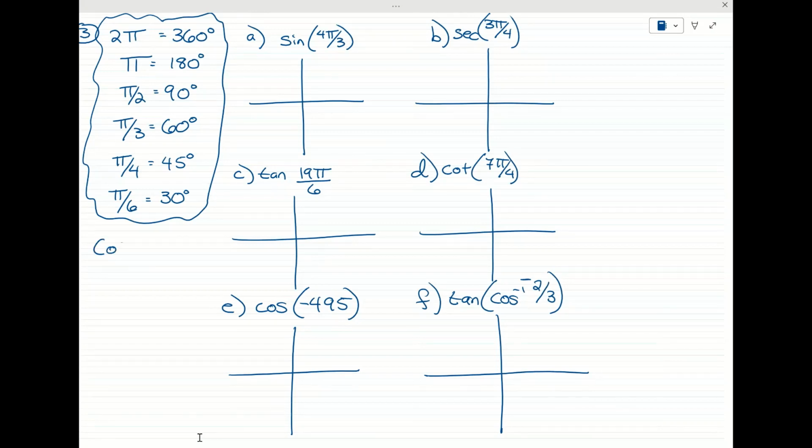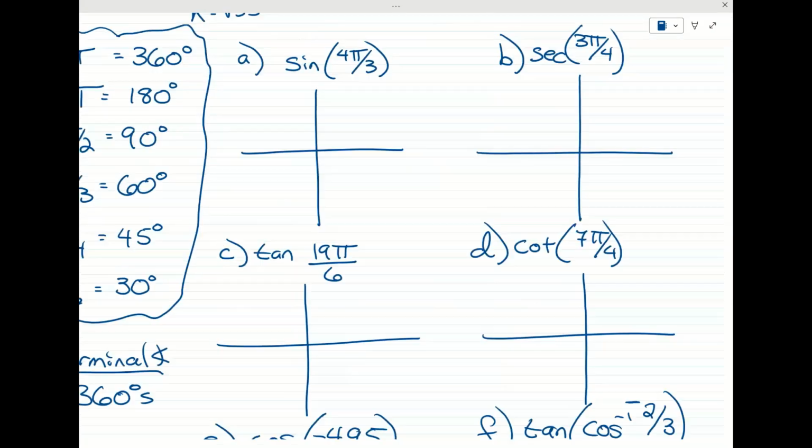Another thing I just want to remind you about is we talked about coterminal angles. Coterminal angles mean if you add or subtract 360 degrees, you get the same exact answer. You just don't have to work with a really, really big number. So let's start with A.